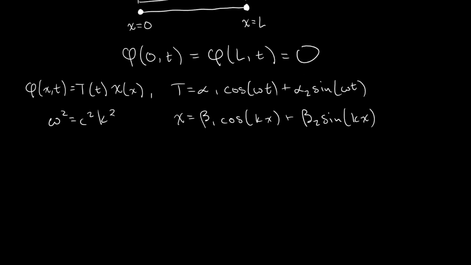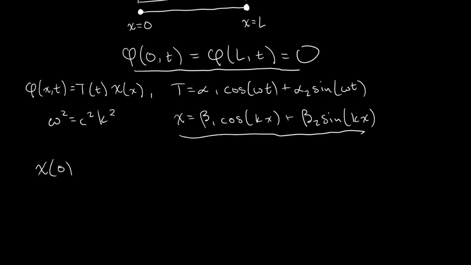Excellent. So it actually ends up being more convenient to use this, mainly because this boundary condition is only seeing the x piece. So it's a boundary condition on x and not t. So we can write this as X of 0 equals X of L equals 0.